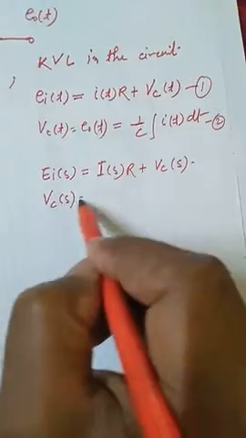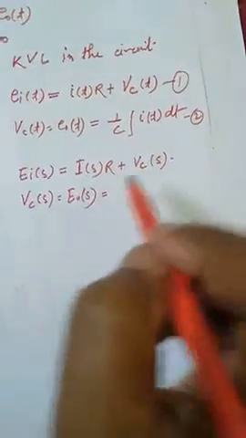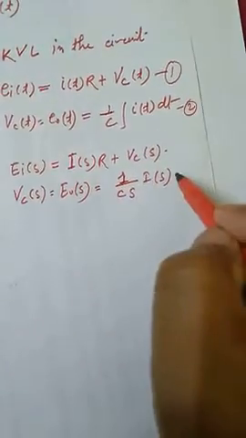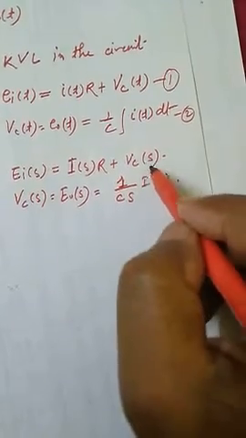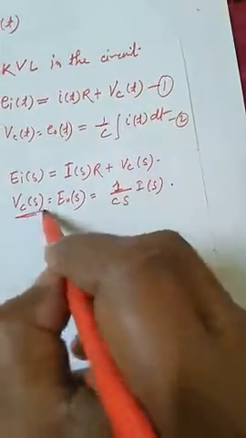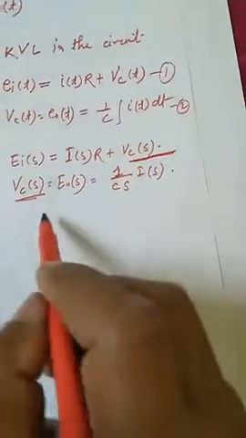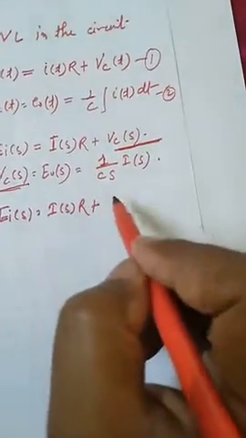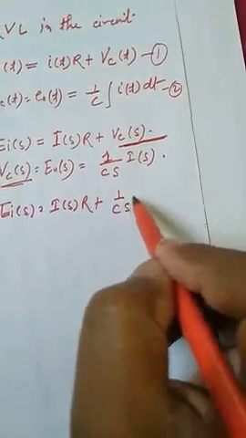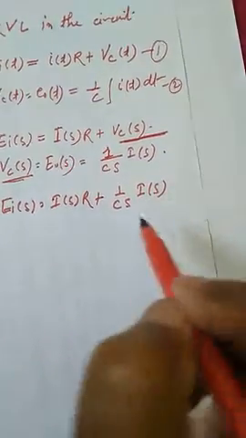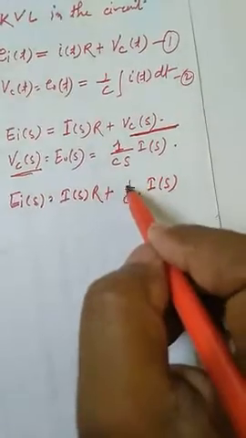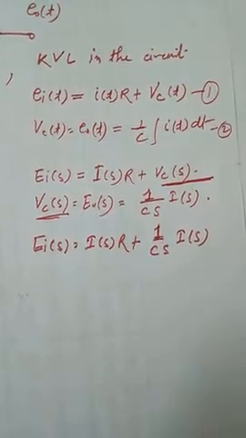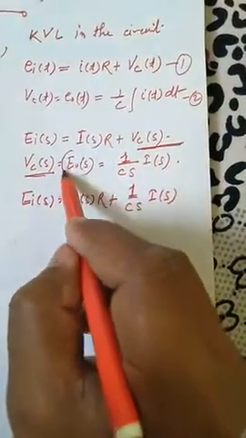And this voltage across the capacitor is equivalent to the output voltage, and that will be 1 upon Cs times I(s). So we replace this Vc here, and now replacing the Vc, it will give us these equations in the Laplace domain.